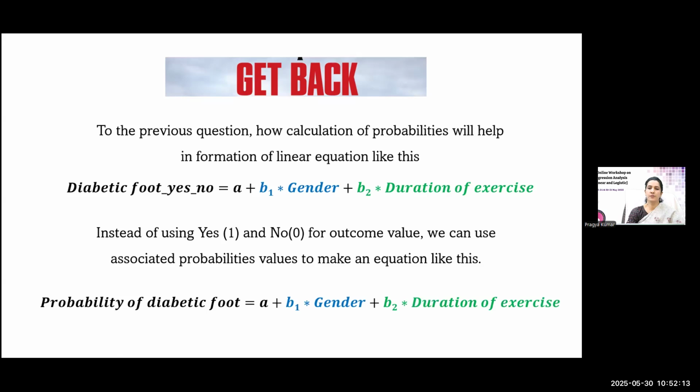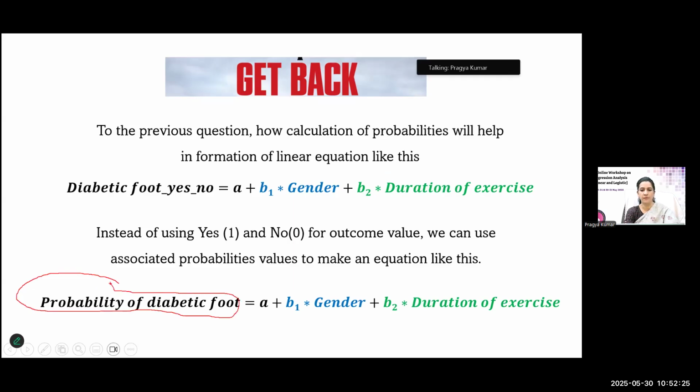And instead of using yes and no for the outcome variable, I can write the predicted probability of a diabetic foot, and then I can write 0 and 1. Do you agree up till this point? We have converted this yes and no to a probability, and we have decided one rule. And now that probability we will take as a dependent variable.